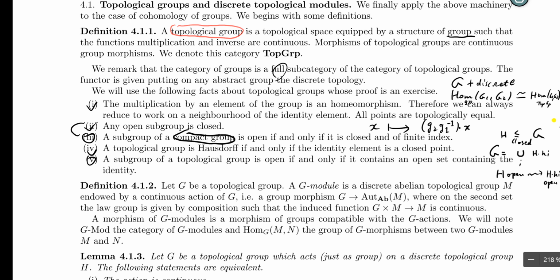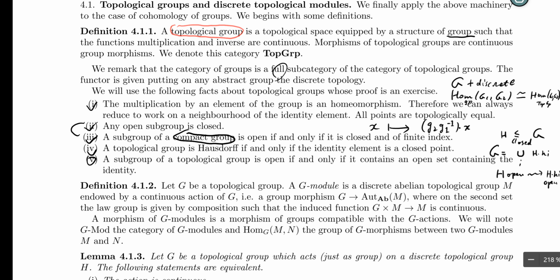So you write G as a union of infinitely many disjoint opens. This contradicts that this is a compact group, which means any open covering has a finite subcover, but you don't have it because these cosets are all disjoint. Okay, this is okay.